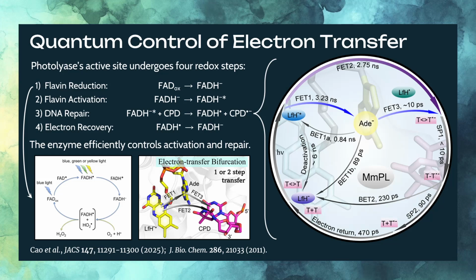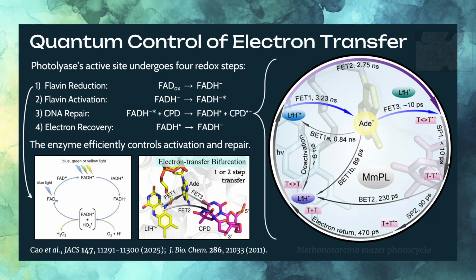So the enzyme has to control not just the ideal forward and reverse electron transfer processes, but needs to control or even suppress unproductive back electron transfer processes in order to give the system the very high efficiency that it has.